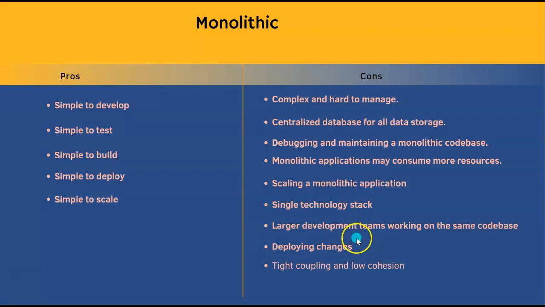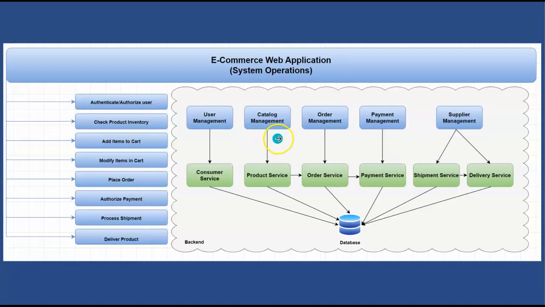Larger development teams working on the same code base. It has been seen that larger teams work on the same code base. There is user management and consumer service, then the second module, third, fourth, and fifth module. For all these modules, there could be five different teams.